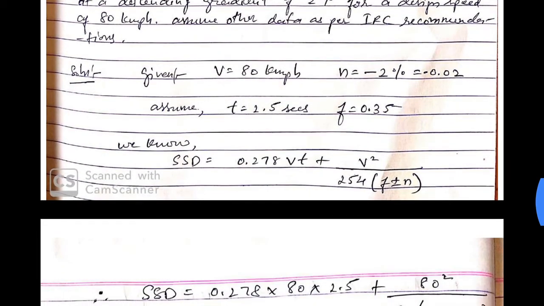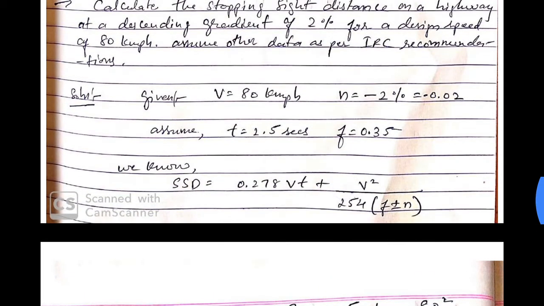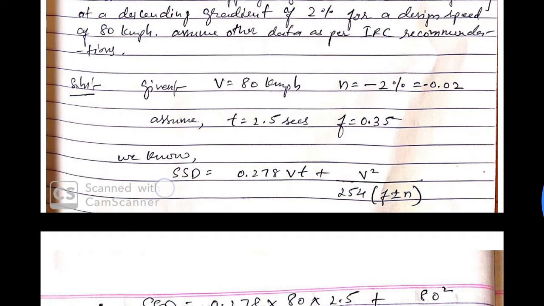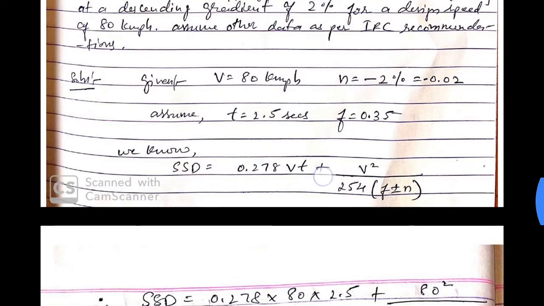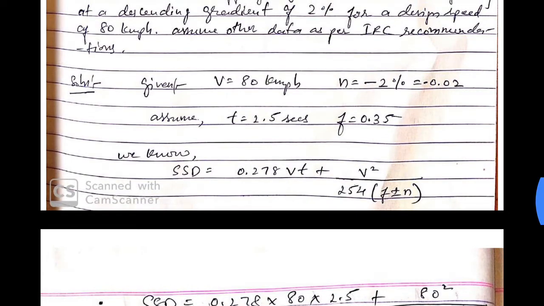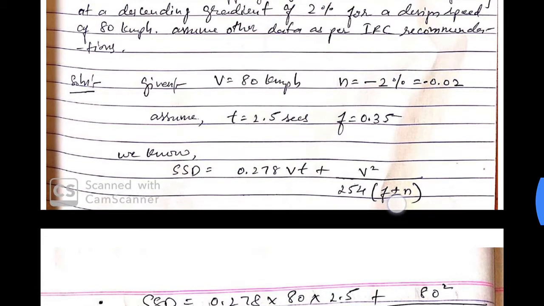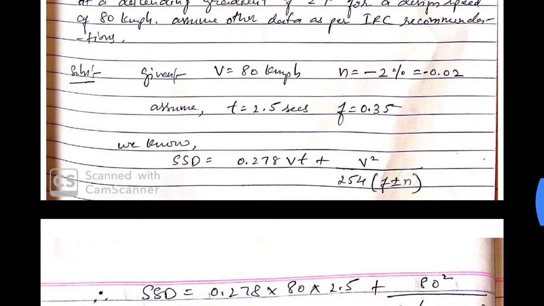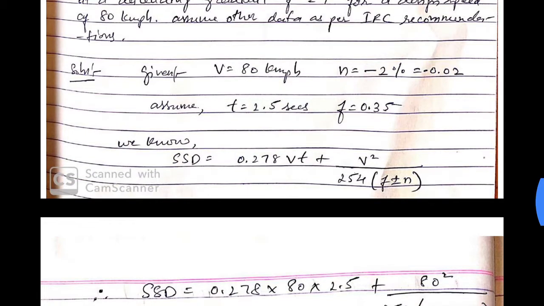Okay, so the formula that we use for SSD when gradient is given is 0.278 Vt plus V square divided by 254 into F plus or minus n. Now this is positive for positive gradient and negative for negative gradient.